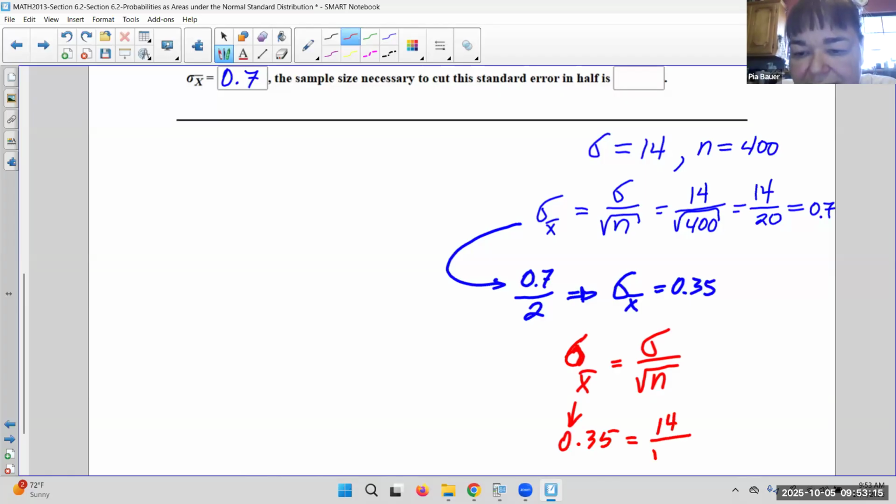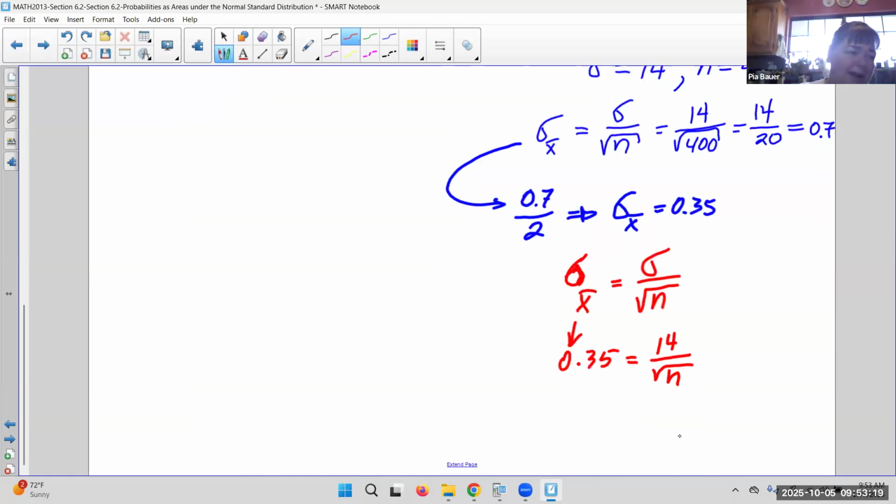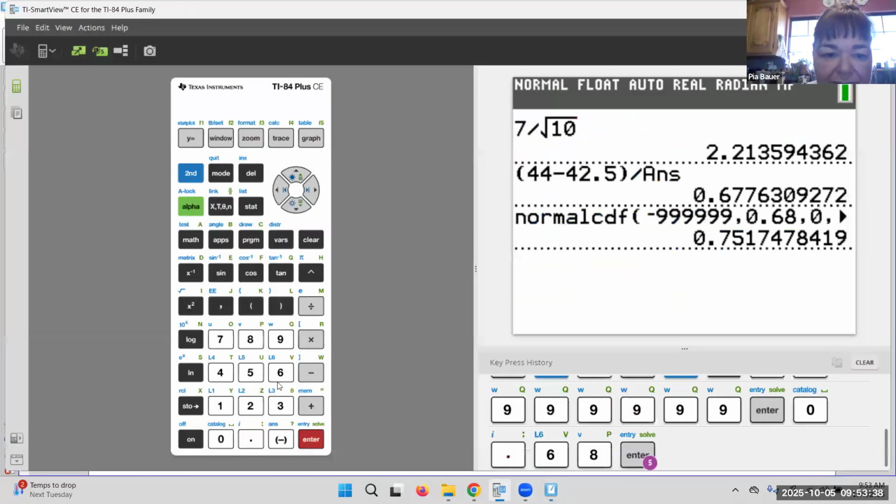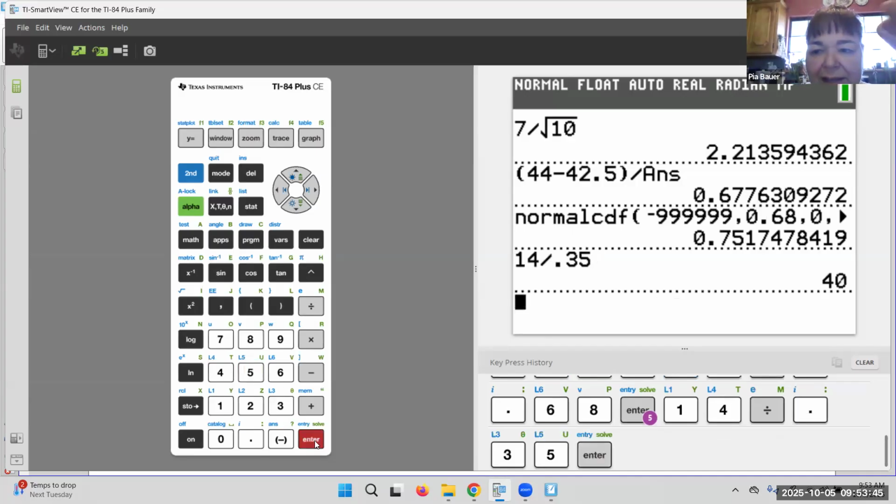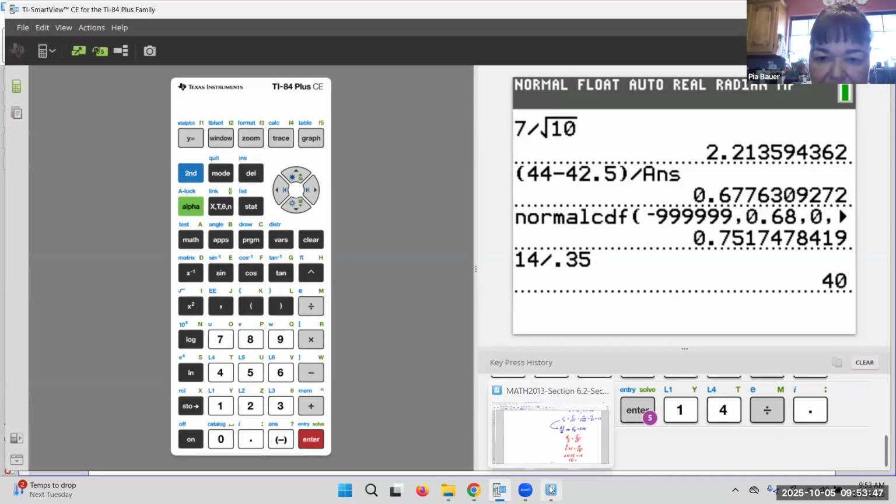And we're looking for the sample size. So it becomes a little bit of an algebra problem because we multiply both sides by the square root of n. So you have 0.35 square root of n equals 14. Then we divide both sides by 0.35. So that will be 14 divided by 0.35, and that turns out to be 40.